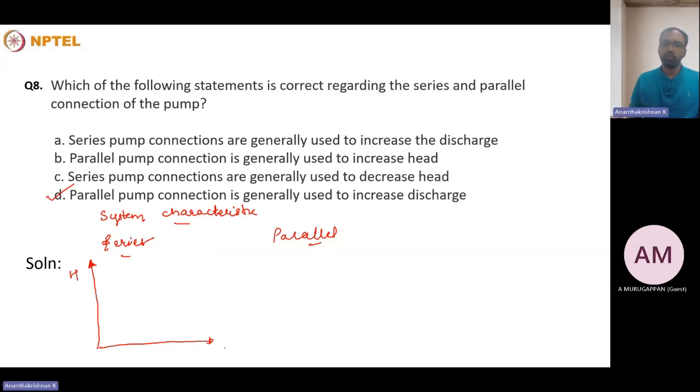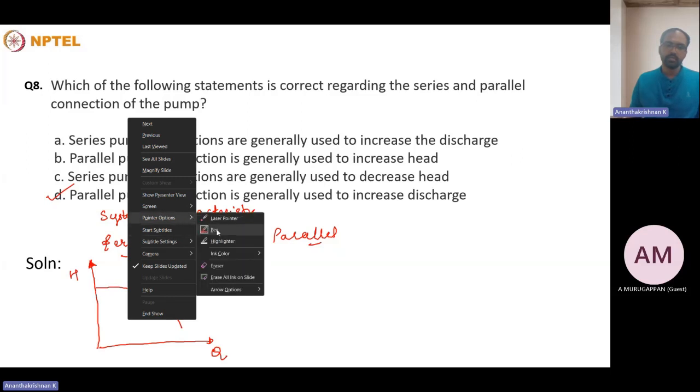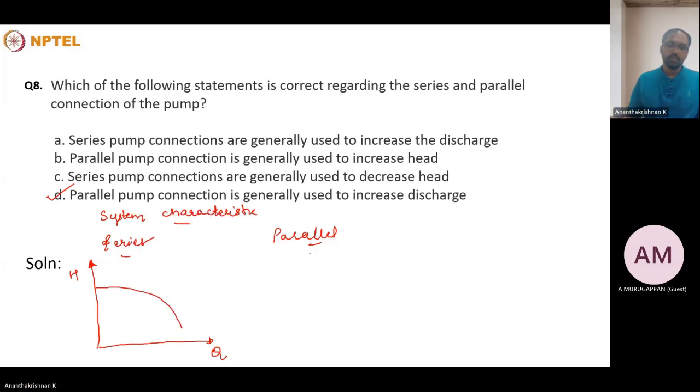So this is the overall head and overall Q. And suppose this was the initial first pump's characteristic curve. The corresponding system characteristic curve was this. So this was the operating point for the initial analysis.